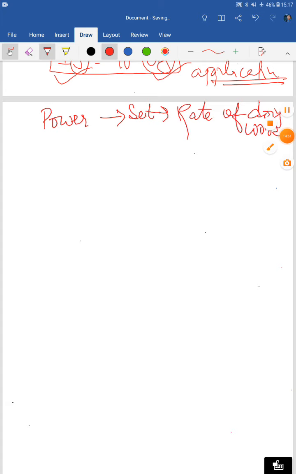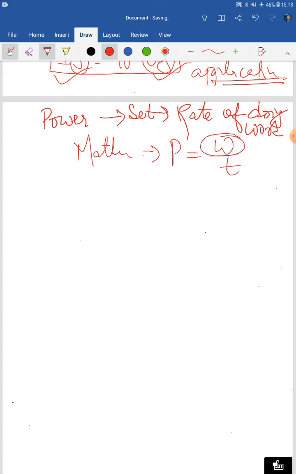Now what is power? In the sentence form, the definition of power is rate of doing work, and in mathematical form you can write that power equals W by T. So what is W? W is the amount of work done.